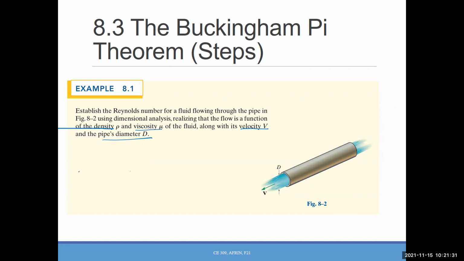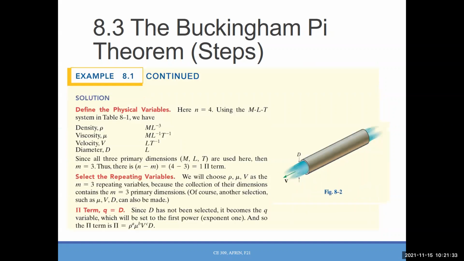Okay, so we will start with step 1. What is the first step here? Someone from the last bench, can you read step 1? Thank you very much. So define the physical variables.